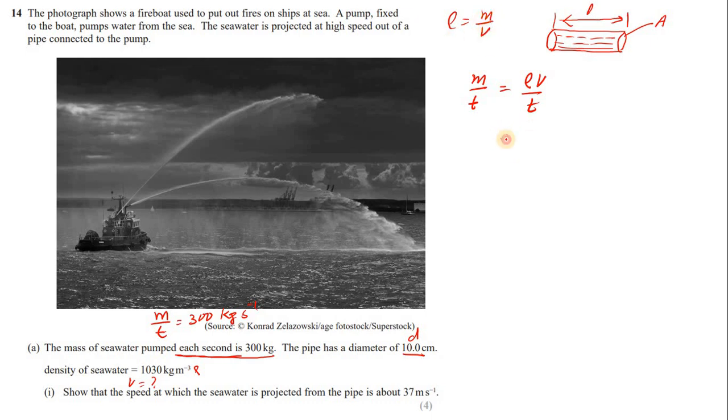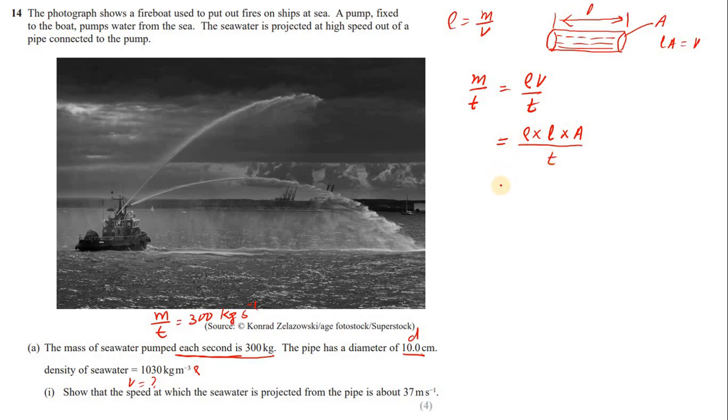Now density as it is, this is v. V is the volume, and volume you can write as length into area. Watch carefully. This is a cylindrical pipe, so length multiplied by area gives you volume. So length multiplied by area gives you volume divided by t.